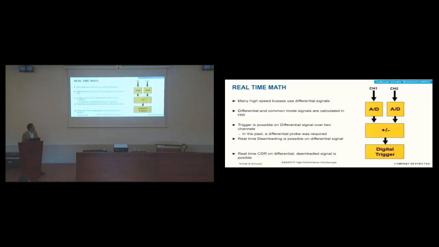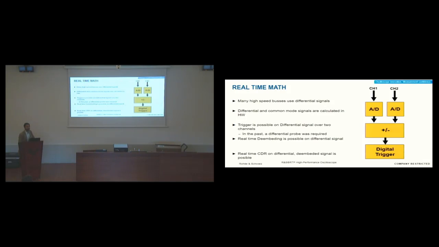So what we are showing today is really real-time math. You can imagine we have the positive signal in channel 1, the negative signal in channel 2. What we want to do is to digitize the signal, perform difference or addition on these channels, and then trigger on this.